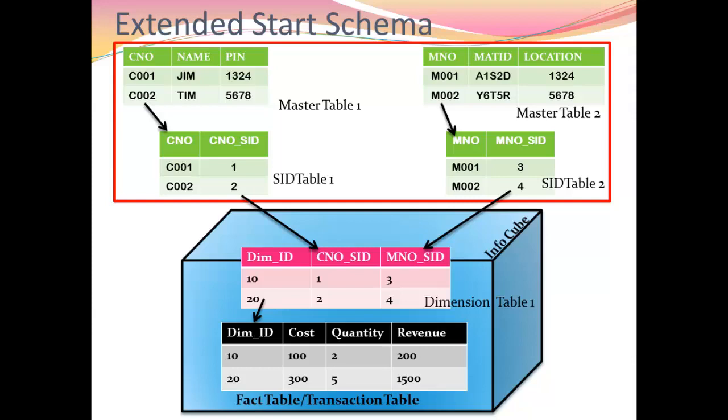First disadvantage is overcome. Next one, we had a problem of alphanumeric values. So what SAP has done is, it has come up with the concept of the SID table, where there is a surrogate ID. Over here, the alphanumeric values are converted into numeric ones. Let's suppose we are having a customer number C001.